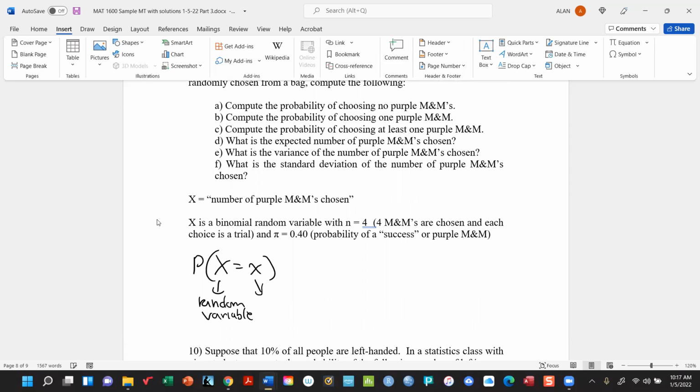Lowercase x is the value of x. In other words, in this case, it's going to be 0. We start out by writing out the formula. Now, I'm going to write it out in terms of factorials, because this is what we're actually doing to calculate our probability.